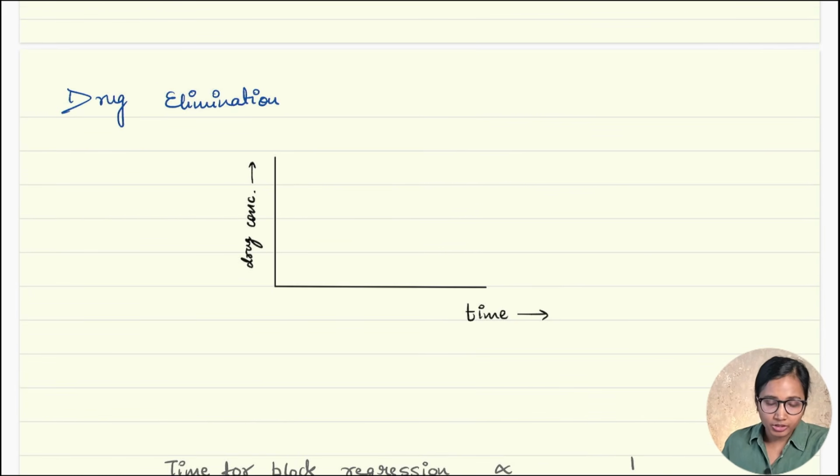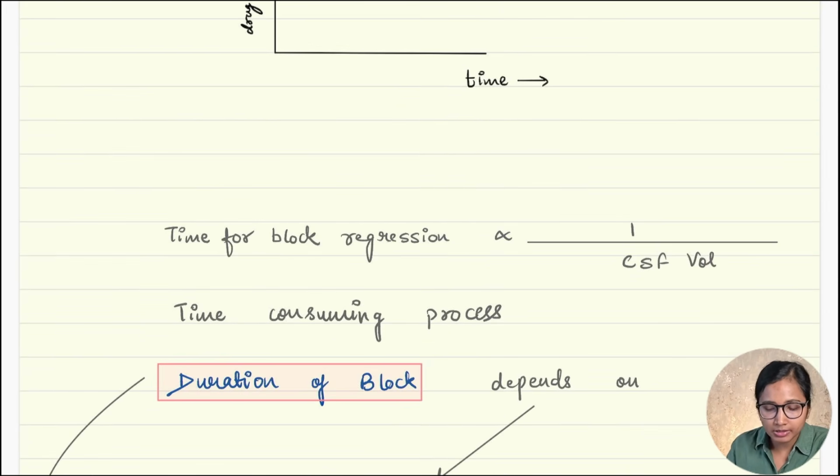Drug elimination. So, how does drug concentration change with time? Drugs get eliminated with time. The CSF volume is inversely proportional to the time for block regression. So, the more the CSF volume, the less the time taken for the block to disappear.